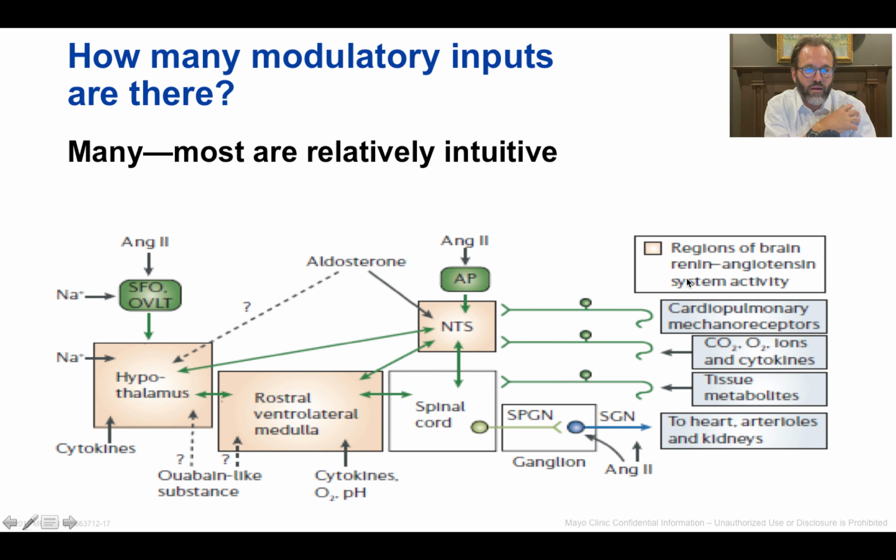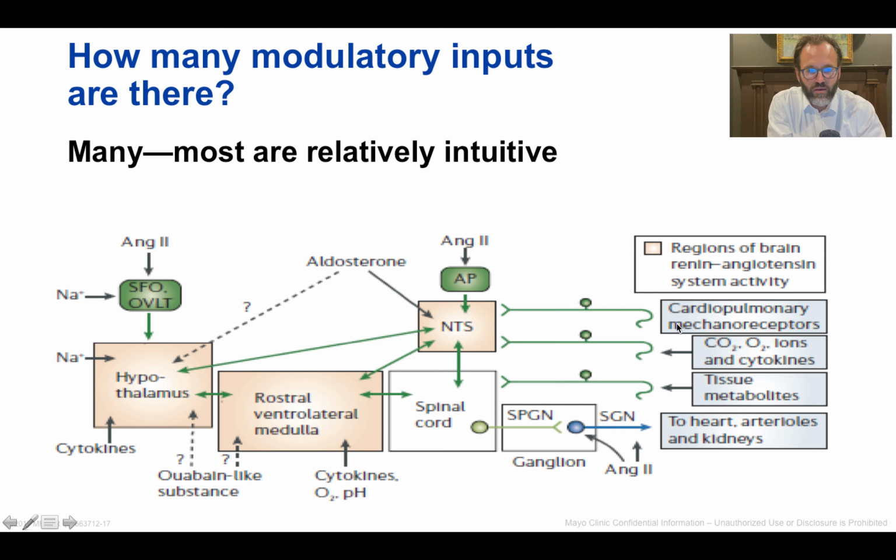You can see that in particular, as we discussed last time, so we've got the NTS. Interestingly, we have angiotensin 2. So angiotensin 2 is actually a modulator of quite a few of these pressor areas that can modulate pressor areas through changes in cytokines in particular, and changes in inflammation, as well as reactive oxygen species.